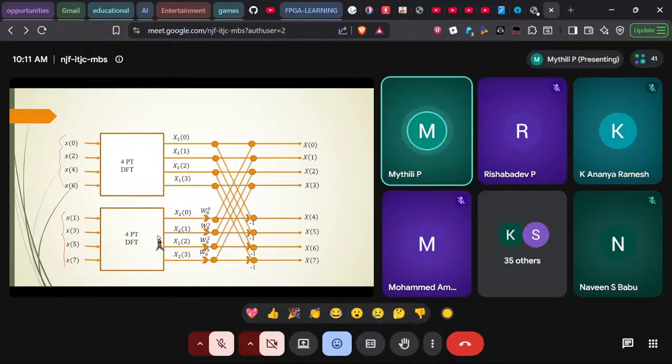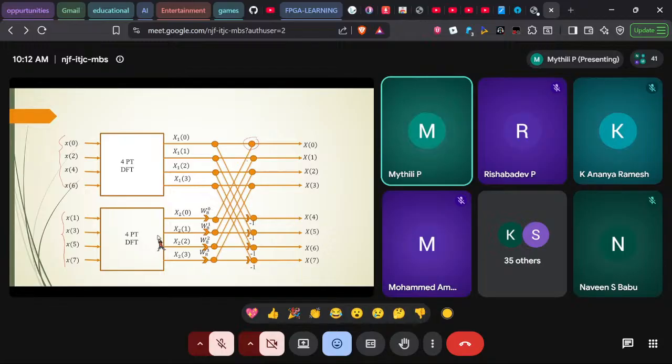For the even values, you compute a 4-point DFT and you get all these x1s here. These are the odd values, and you get the values of x2 after computing the 4-point DFT. Then we are multiplying with W8 of 0, W8 of 1, W8 of 2, and W8 of 3.